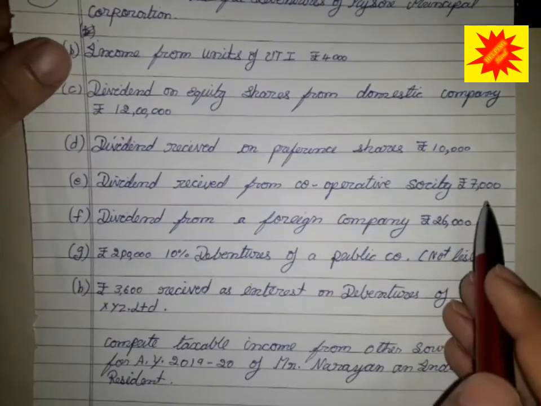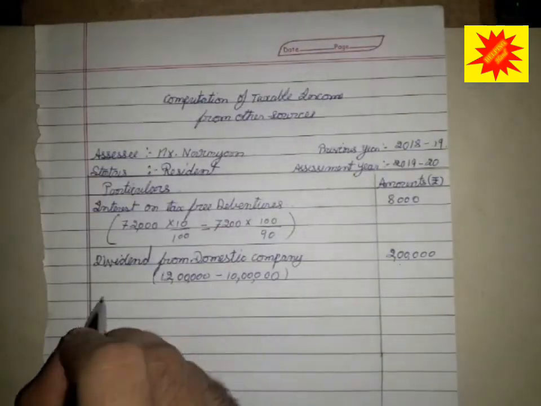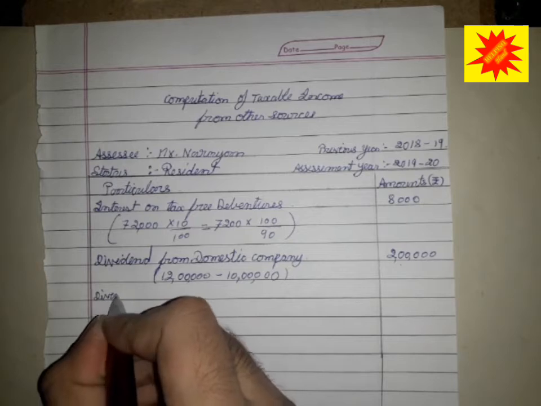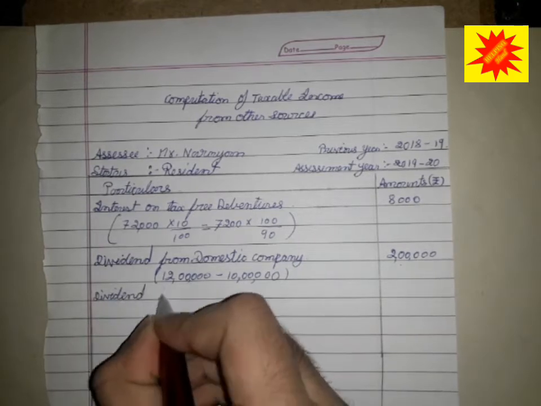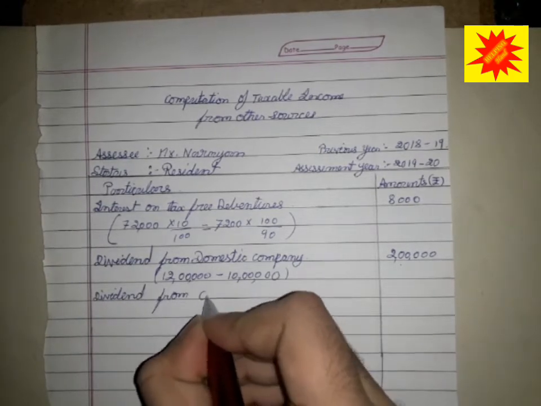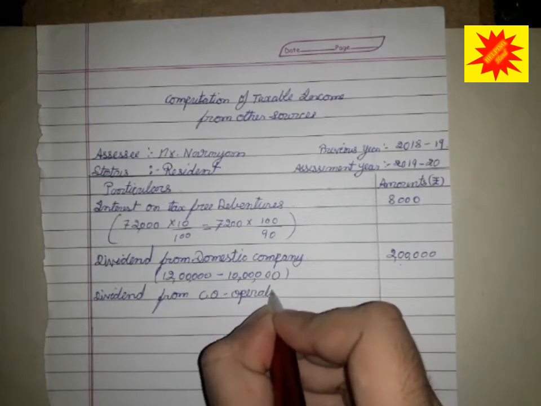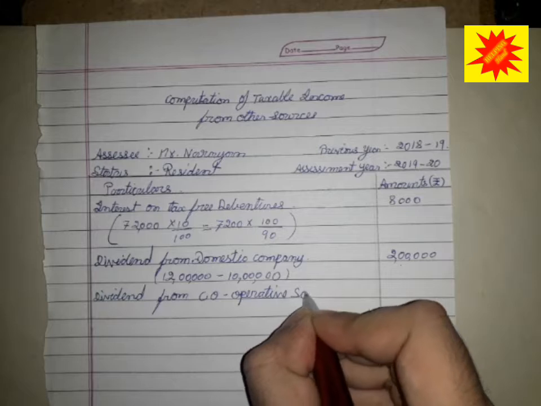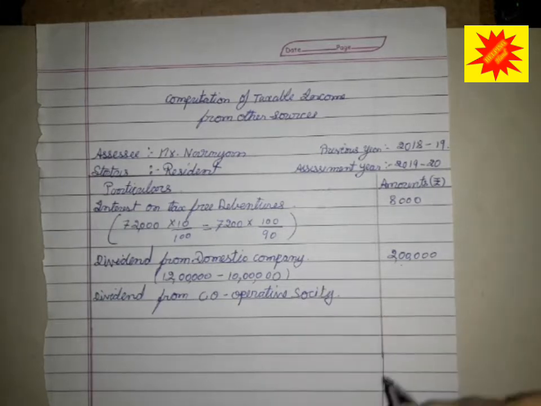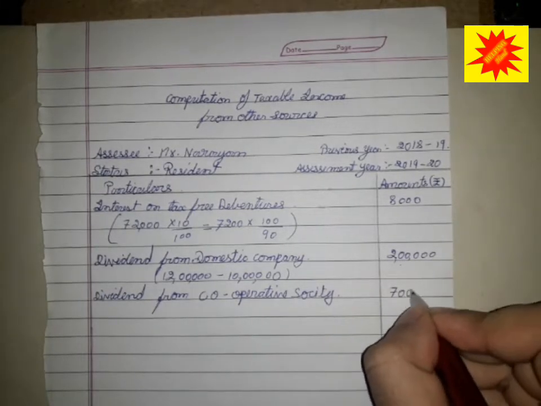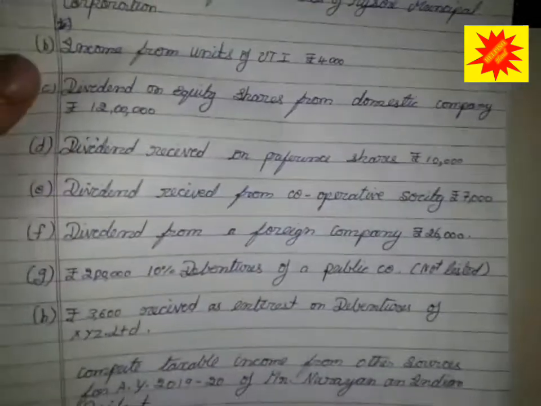Hence this 7,000 will be taxed. So dividend from cooperative society, rupees 7,000, taxable. Fine.